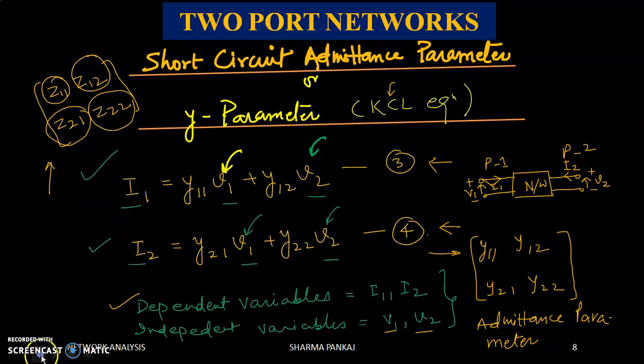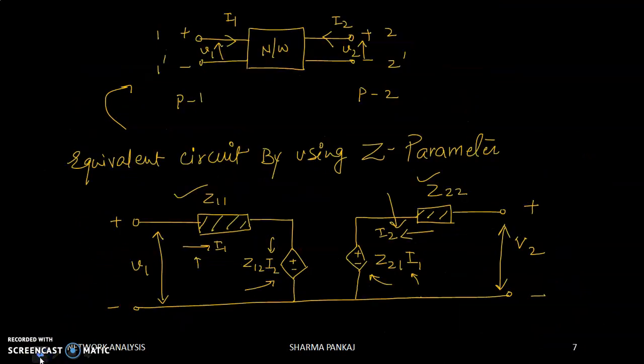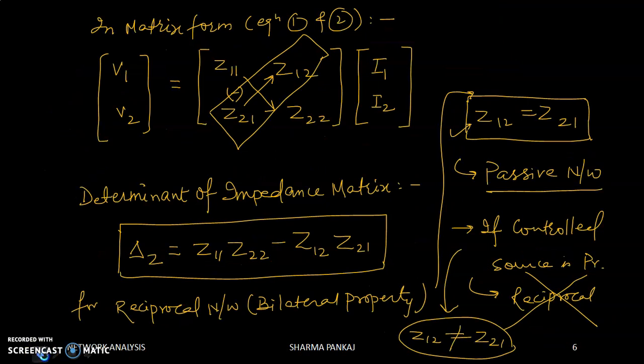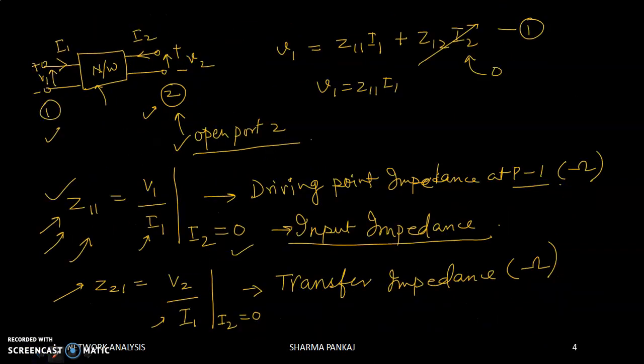Just have a quick recap. To determine the value of Z11, we opened port 2. By opening port 2, we ensured that the value of I2 is 0.